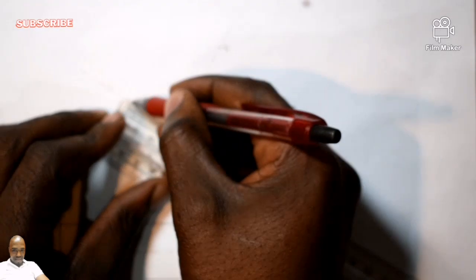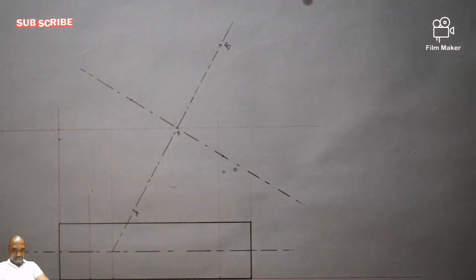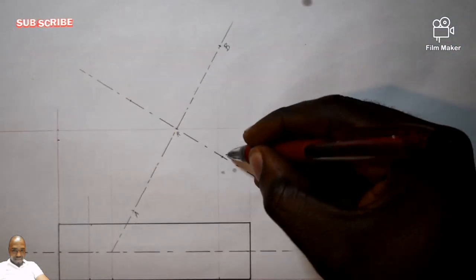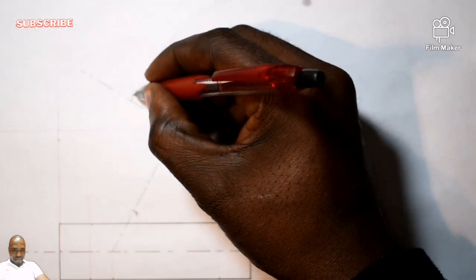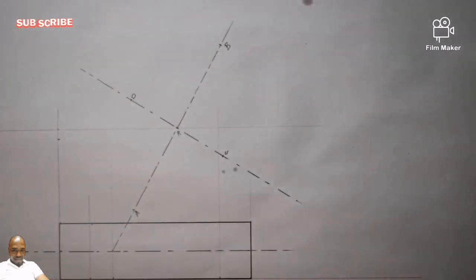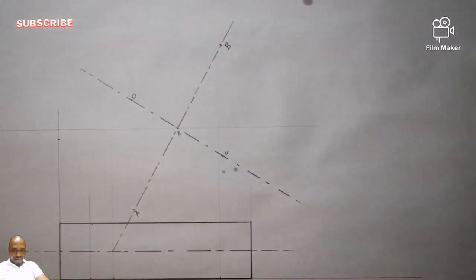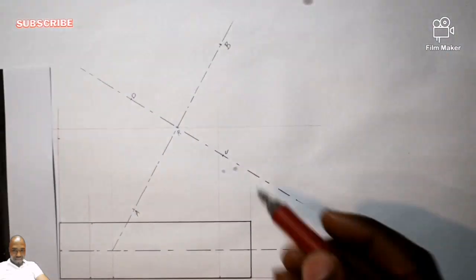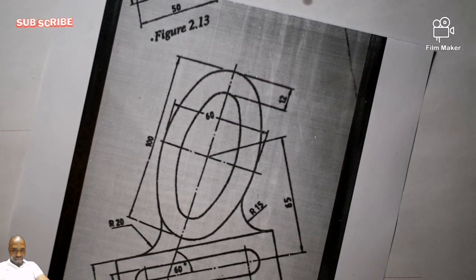After I've gotten that, I'm having A, B. So this one is going to be my point C, and that one is going to be my point D. You understand? So from A to B is how much? If you remember how you draw an ellipse, it's 100. Then CD is 60. So remember.